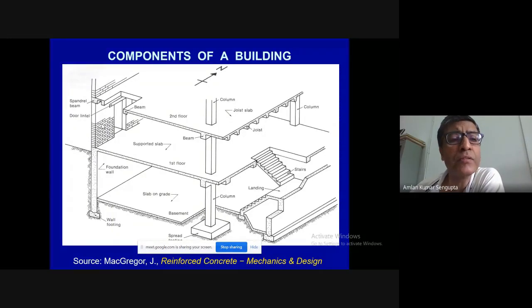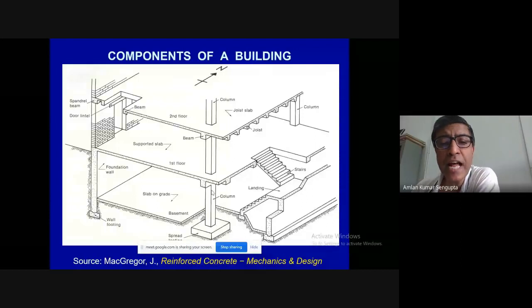These are considered to be small members, whereas the slab, the supporting beams, the columns, and finally the foundation are the primary members of the building.